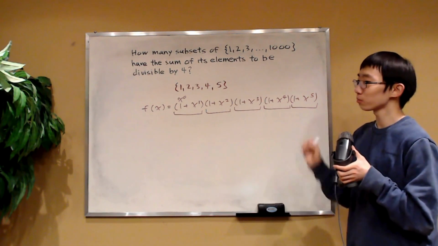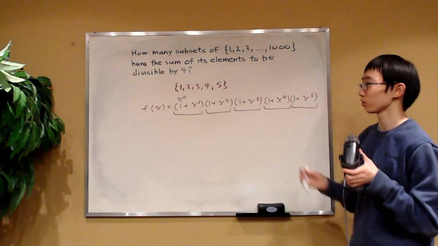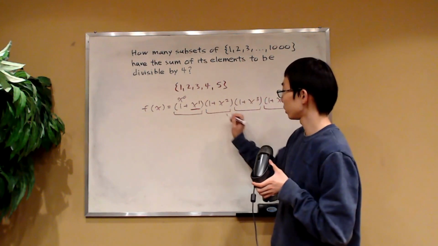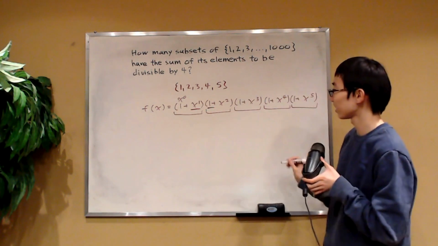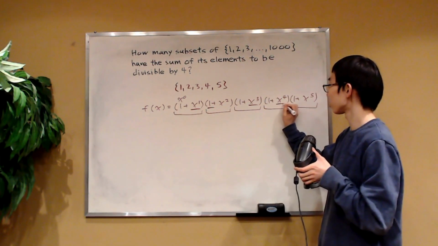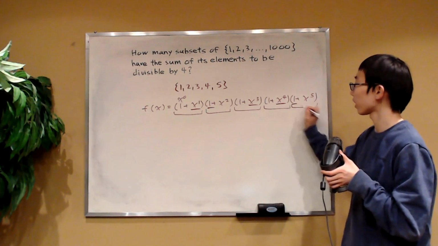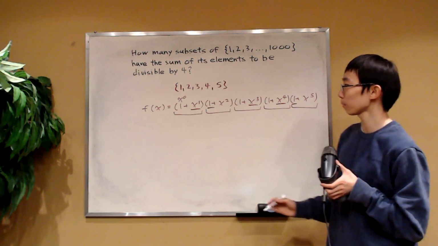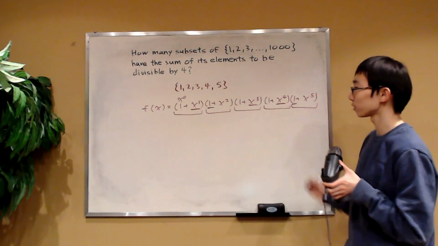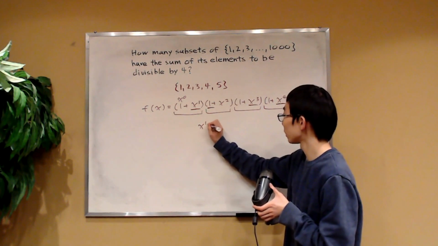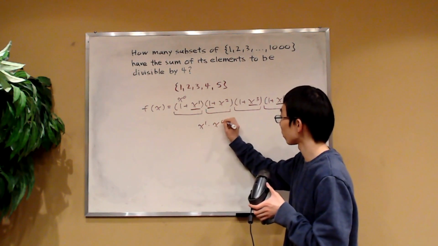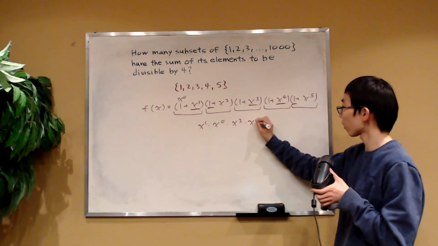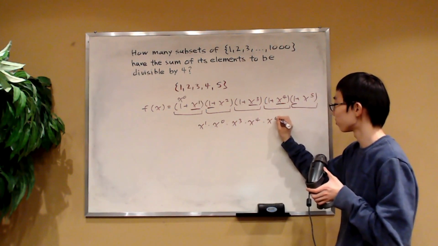Now, let's just make a combination of choices, okay? Let's just say that we choose to include 1 in the subset, we choose not to include 2 in the subset, we choose to include 3, we choose to include 4, we choose not to include 5. Now, because we're multiplying the binomials, let's just see what happens if we were to multiply these terms. We have x to the 1 times x to the 0 times x to the 3 times x to the 4 times x to the 0.